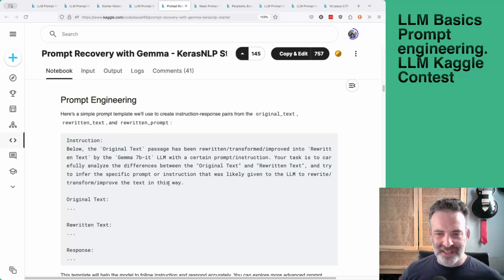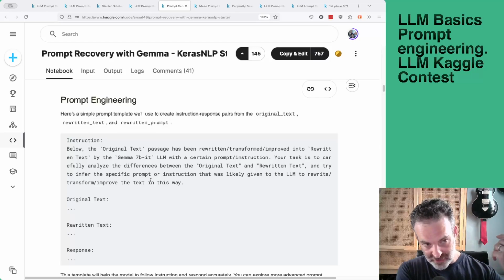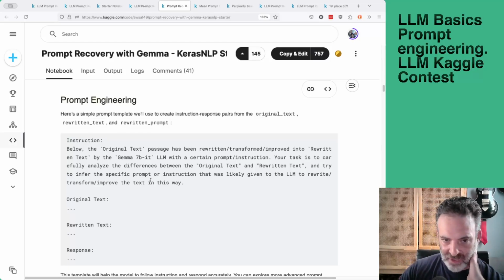Before I did this contest, like a lot of people, I sort of scoffed at prompt engineering, not really realizing the extent of what it takes to get an LLM to do anything reasonably intelligent. If you simply pass things to the model without instructions written like this, and you don't carefully say things to the model, it doesn't produce anything of any value.